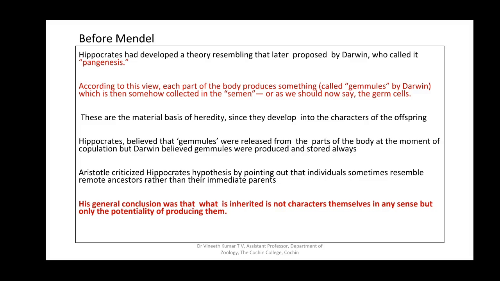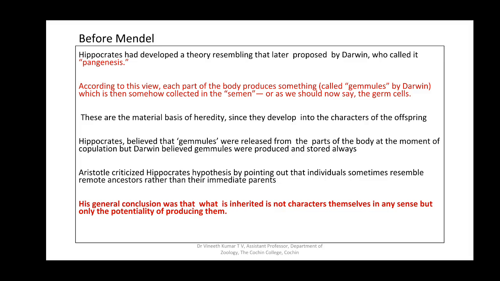The student and follower of Hippocrates, Aristotle, was completely against this hypothesis. The reason is that Aristotle pointed out that individuals sometimes resemble their remote ancestors rather than their immediate parents.